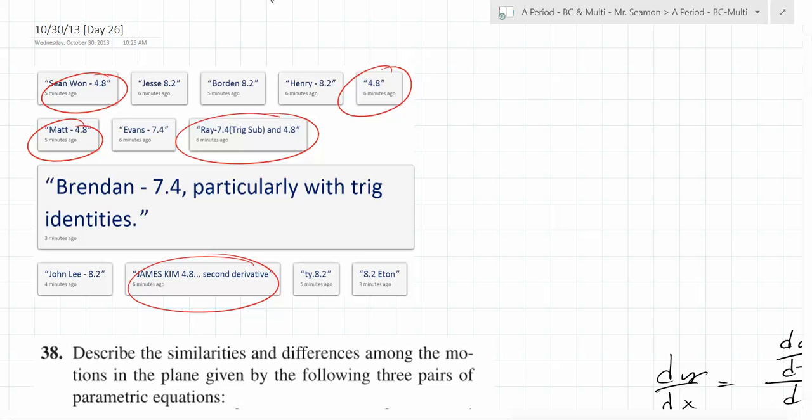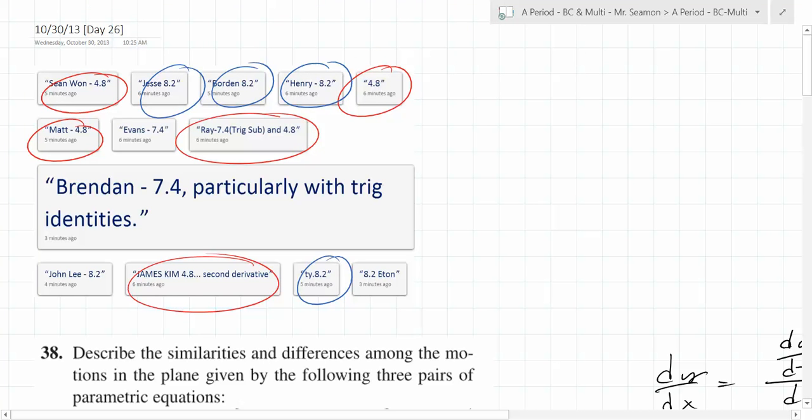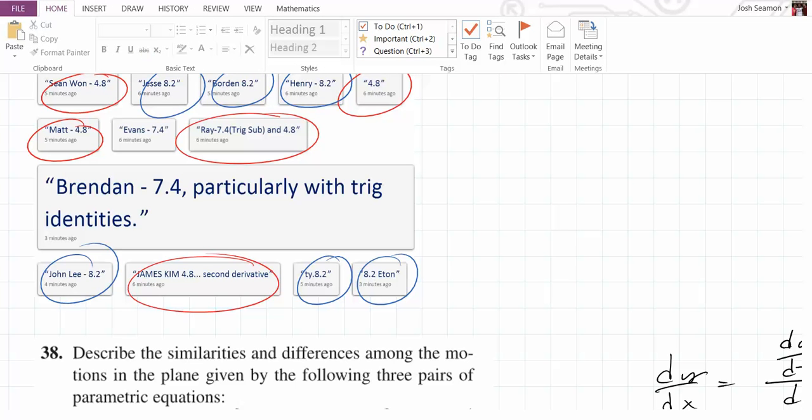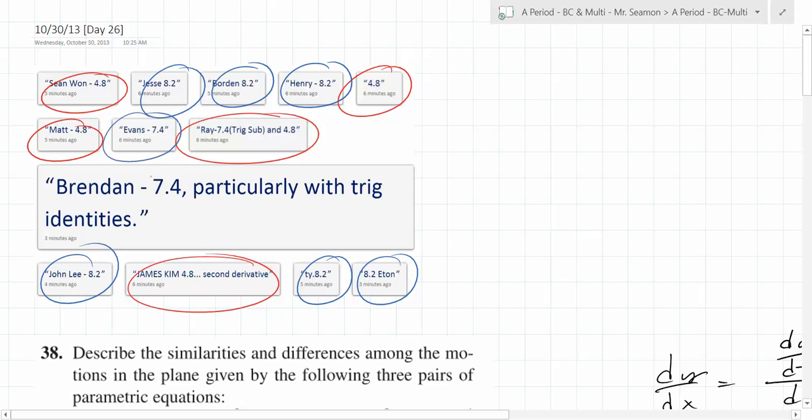Who did 8.2 right here? We have Jesse, James, Henry, Ty, Eaton, and John. You guys get into a group. And then Brendan and Evans, you guys get into a group together. Please group up right now.